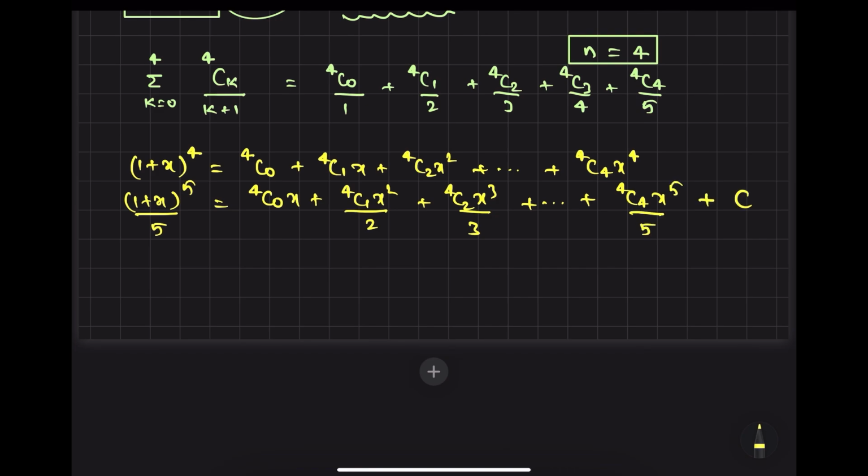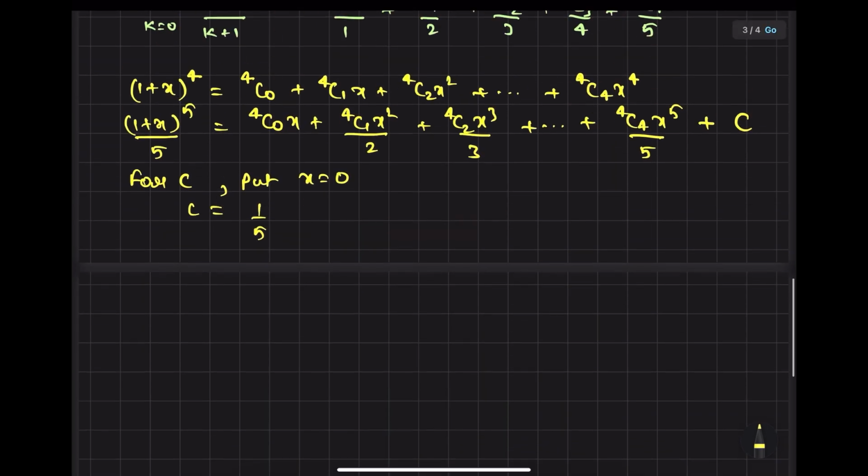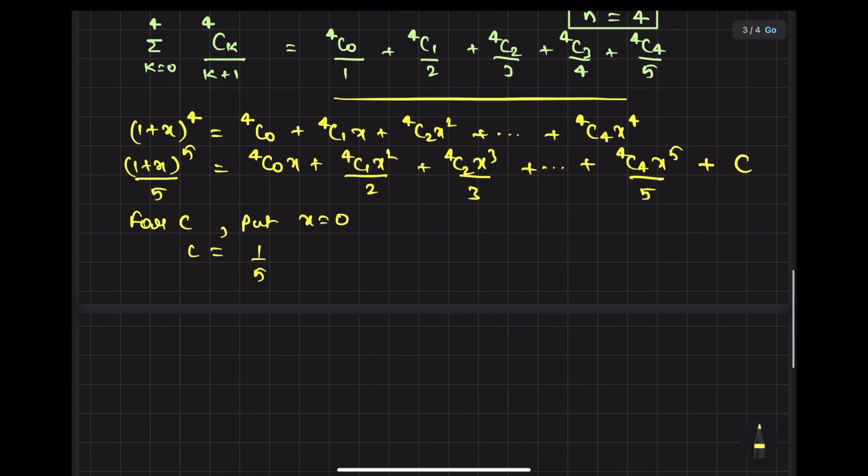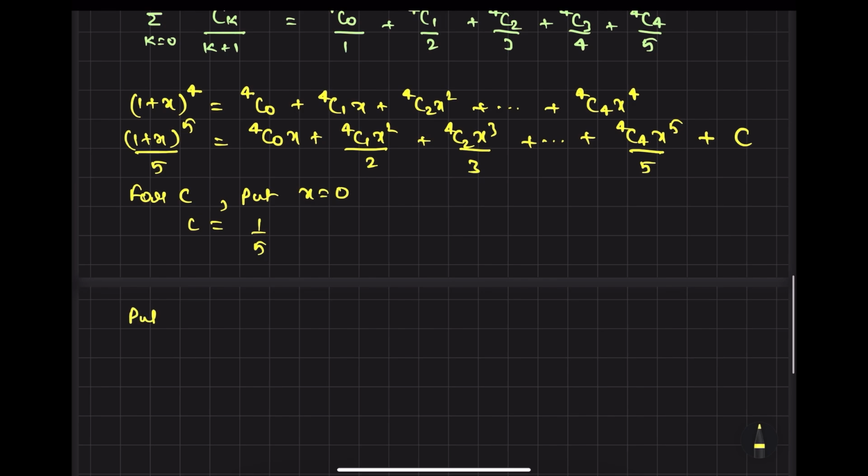along with integration constant. Now you know that for the integration constant, C, put x equals to 0. So if you put x equals to 0, we will get the value of C as 1 by 5, correct? Now we have to find out the value of this question. So what is the value of this part? So for that, put x equals to 1, done.